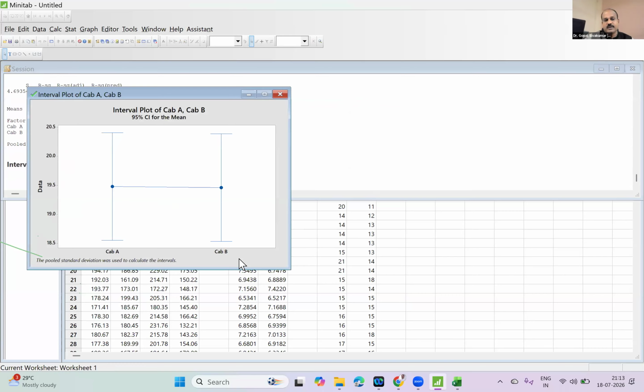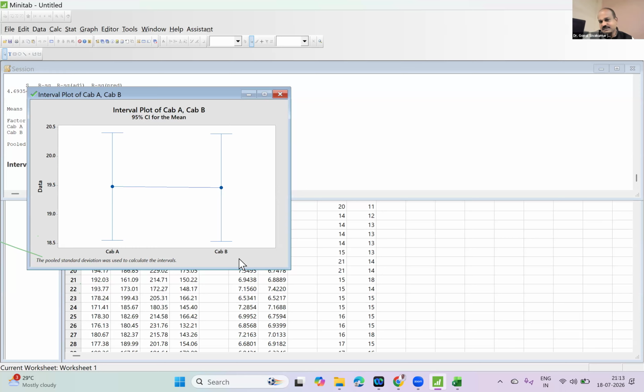Now come to a conclusion, all of you. What do you think about cab agent A and B? Somebody said B is faster. But what is ANOVA telling? Both are the same. ANOVA is telling there is no difference. That means you are not supposed to differentiate the performance of cab A and cab B statistically.